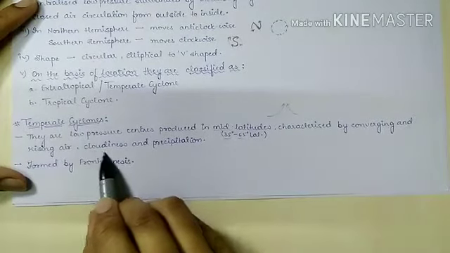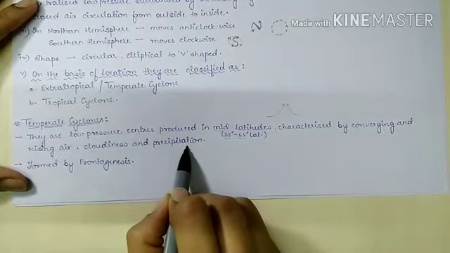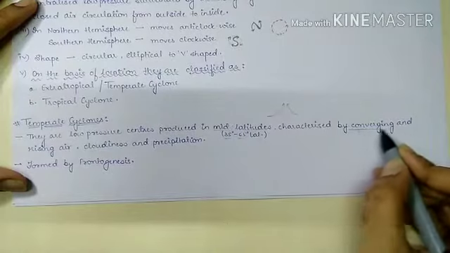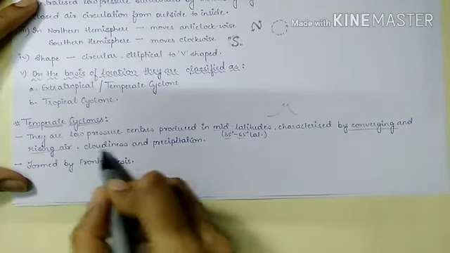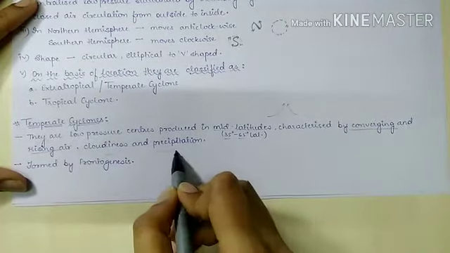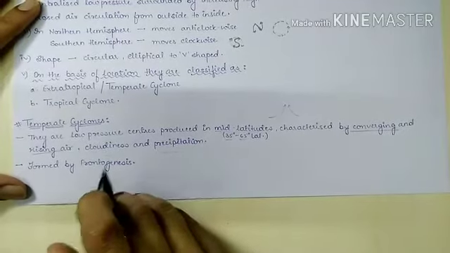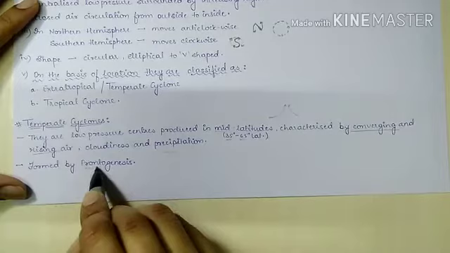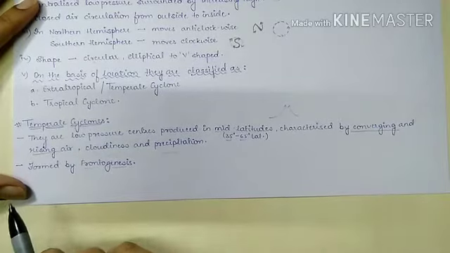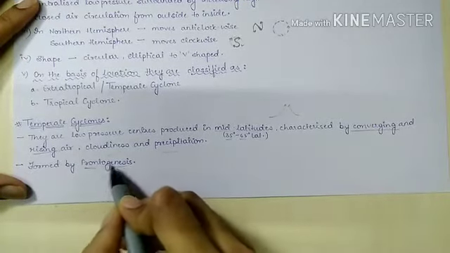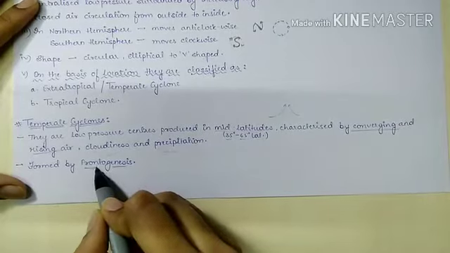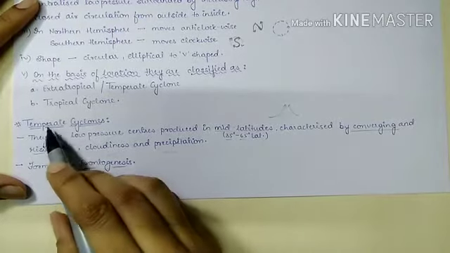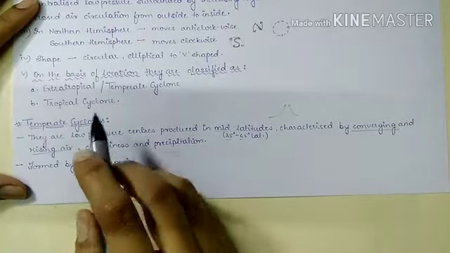We have cloudiness here and precipitation. So we have converging and rising air, then we have cloudiness and precipitation. These types of cyclones are formed by the frontogenesis process. Frontogenesis we have studied in the last class. So the frontogenesis process forms temperate cyclones.